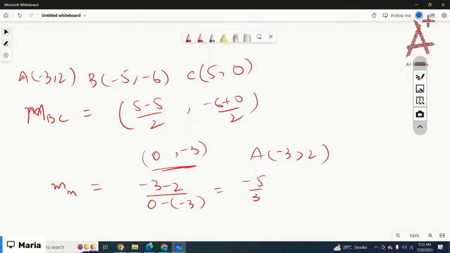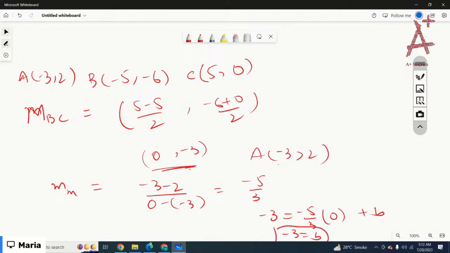We have the slope that is -5 over 3. Let's calculate the b value using the point A. It is -3 equals -5 over 3 times 0 plus b, using this point. So b equals -3.